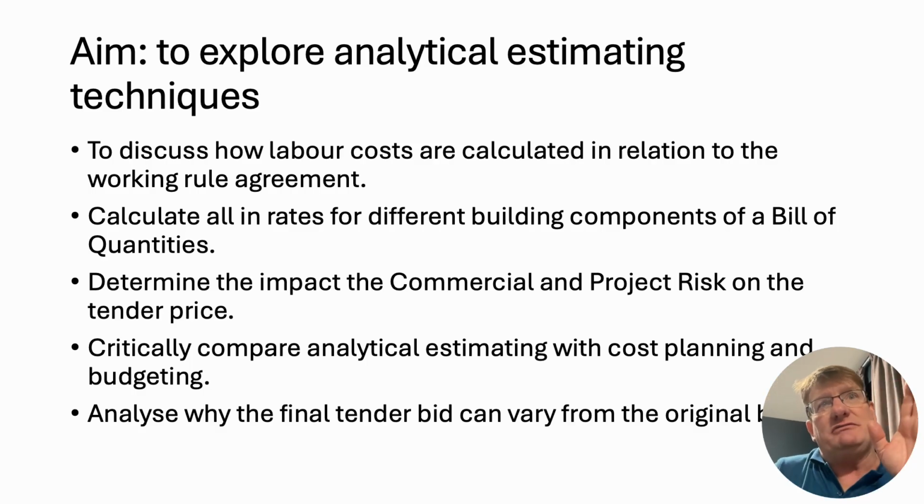And then it goes on to ask you to analyze the different estimating techniques. Now, you've already done that to a degree when you talked about NRM1 in the first assignment. Fundamentally, you're talking about quantification, but you're also talking about the way we produce budgets.